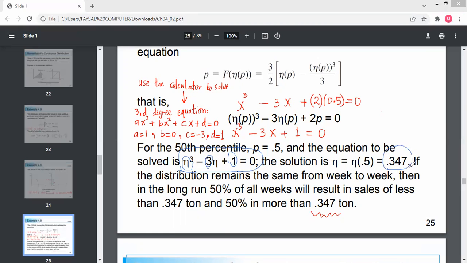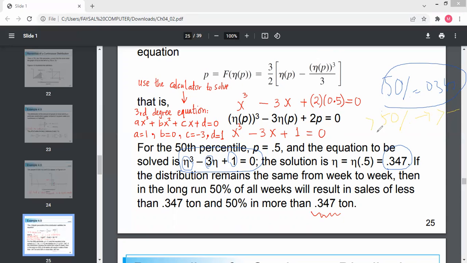0.347. So if the distribution remains the same from week to week, then in the long run, 50% of all weeks will result in sales of 0.347 tons or less, and 50% will be more. So this is the value that I find for 50%, which is equal to 0.347. I will make a statement here that if my sale is greater than 50%, my value will be greater than this value.